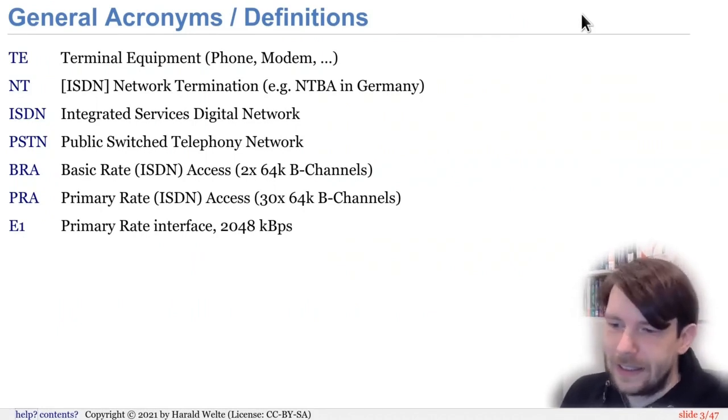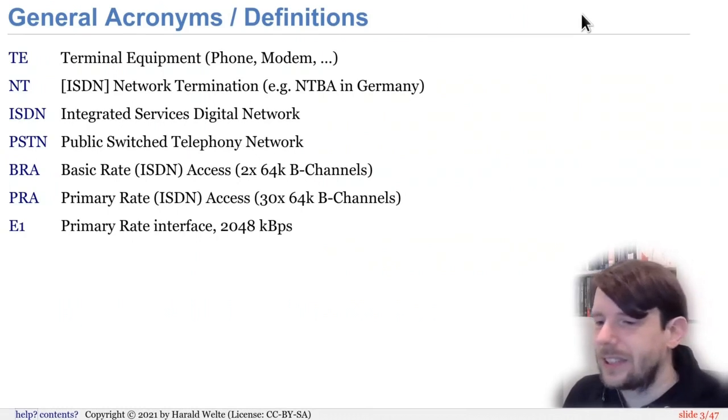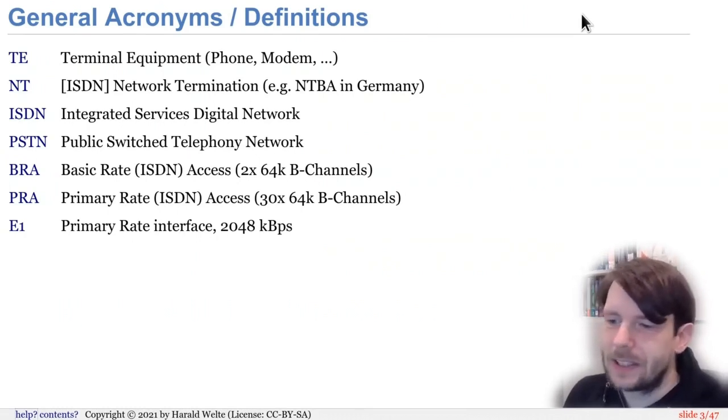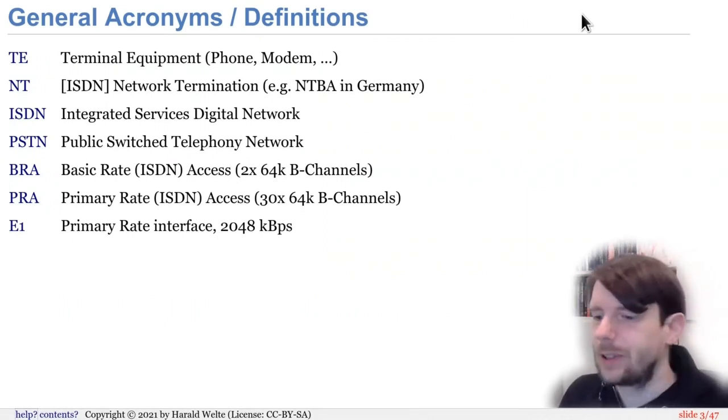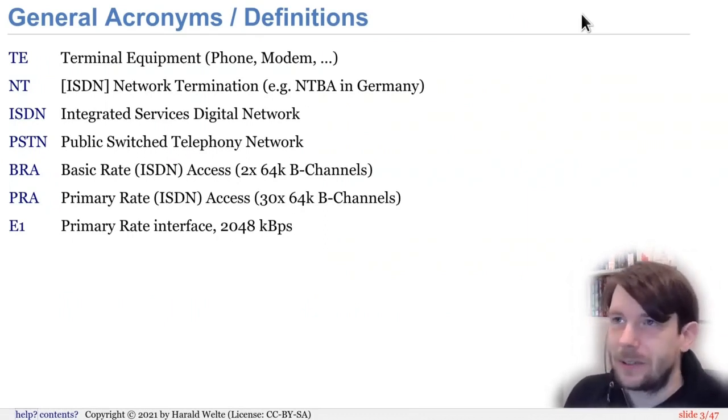ISDN is the Integrated Services Digital Network, basically the digital telephone network where not only the exchanges, the telephone switches, are digitized, but even the subscriber line is digital. PSTN is the general term for public switched telephony network, so basically anything from the late 19th century to today.